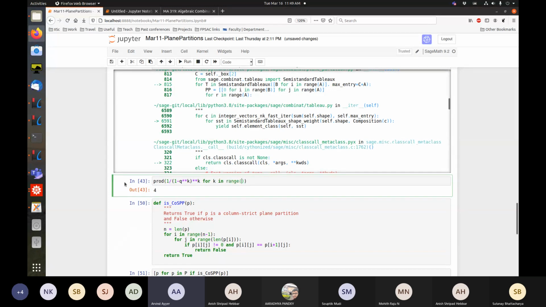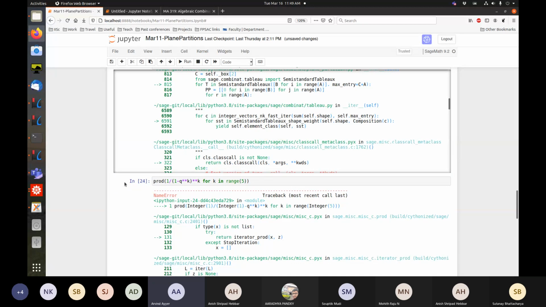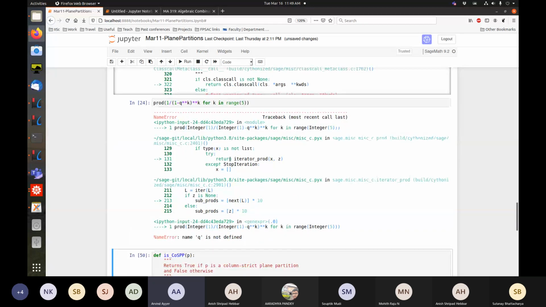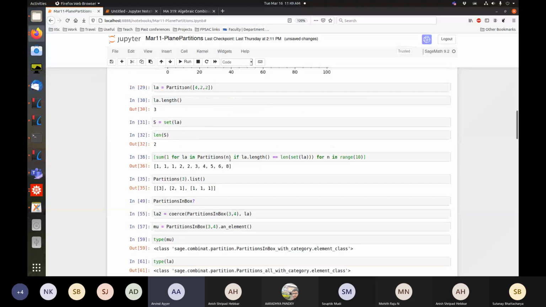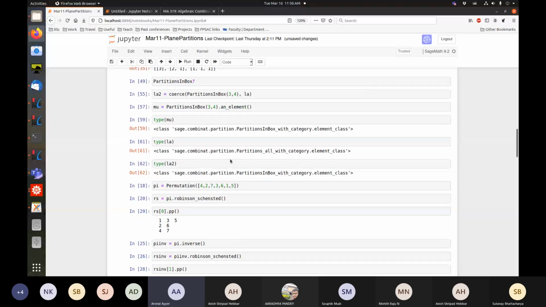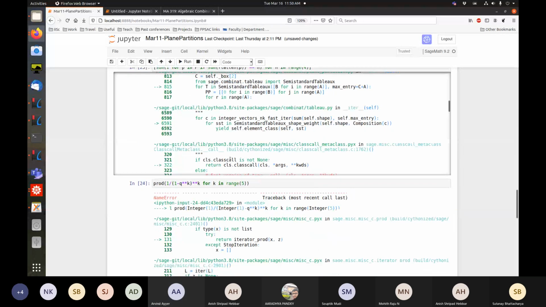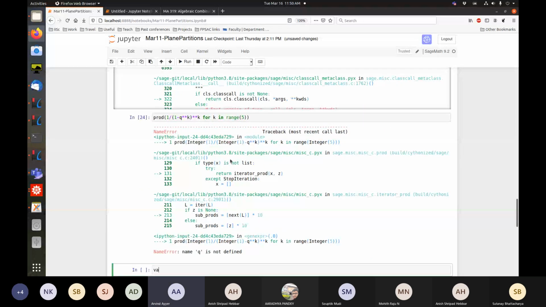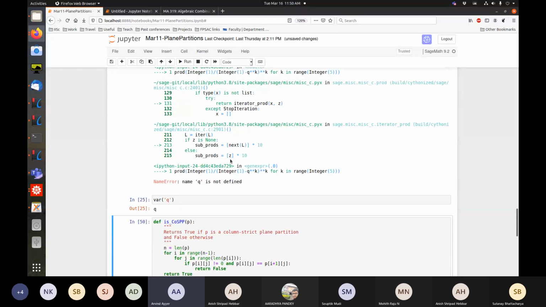I only want up to 3, but I'll take up to 5 just to be safe. It will give me an error because I haven't defined Q, but we'll rectify it. I had it already. Okay, that's right.